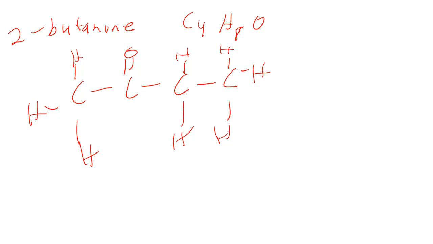So thinking about the intermolecular forces present, why are the delta T values so different for 3-pentanone and 3-pentanol, even though they have very similar molar masses? And then you're going to answer the same question for 2-butanone and 1-butanol.